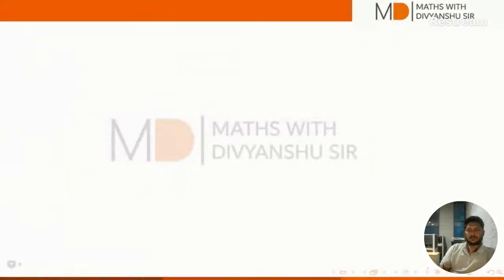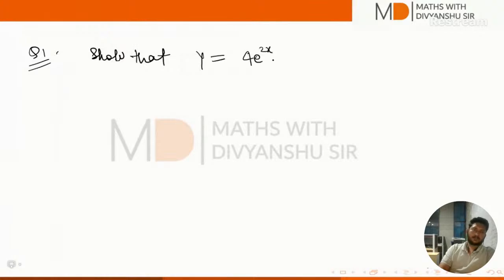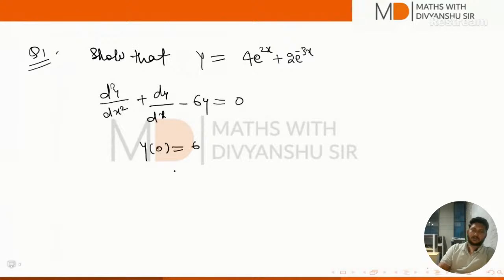One more question for you. Show that y = 4e^(2x) + 2e^(-3x) is a solution of the initial value problem d²y/dx² + dy/dx - 6y = 0, y(0) = 6, y'(0) = 2.